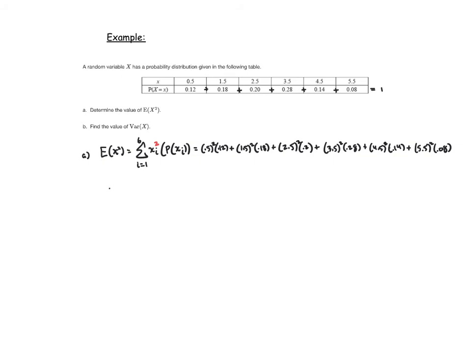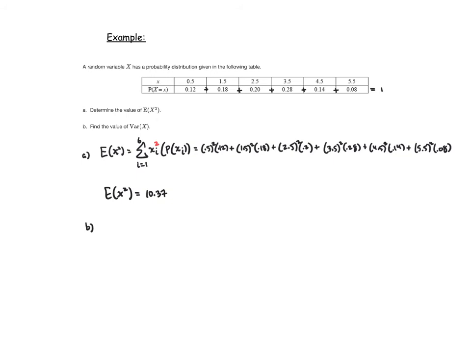So in this case, the expected value of x squared that I get to 3 sig figs. Actually, let's put this as 10.37. My calculator comes out to exactly that.